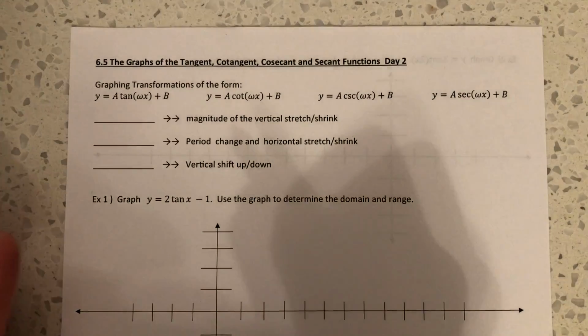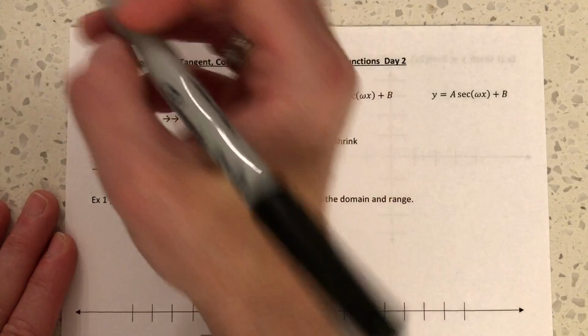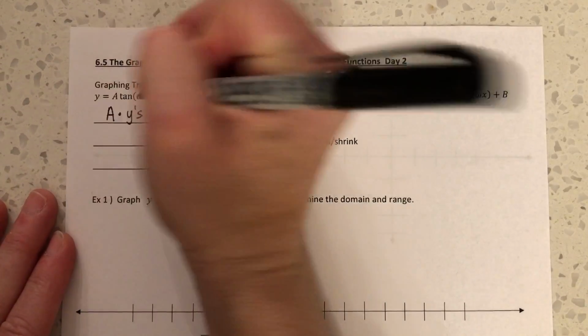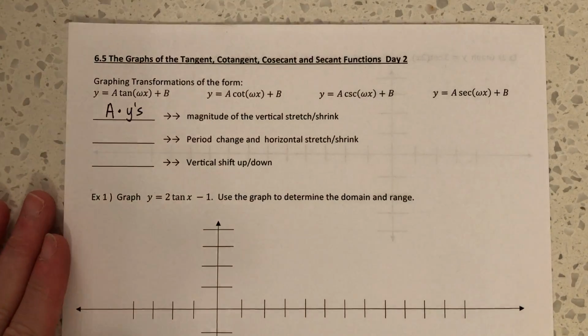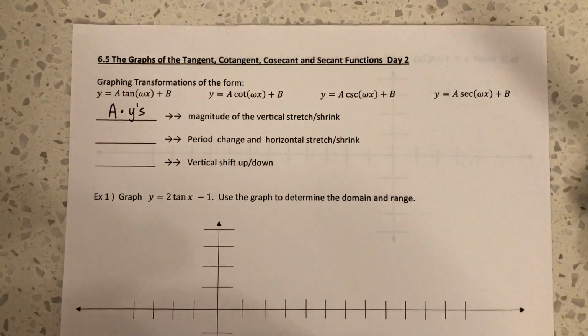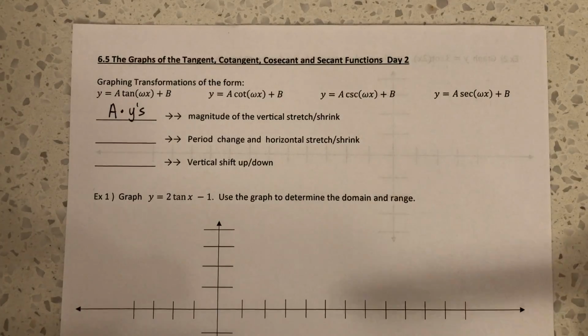All right, here we go. So just to review, A on the outside, you're going to be taking that A value and timesing your y values on that original first cycle to get your transformations, all right? Now, luckily, these 4 graphs, because they went to infinity and negative infinity, we didn't have an amplitude to worry about, okay? So you don't have to worry about multiplying your amplitude by that value.